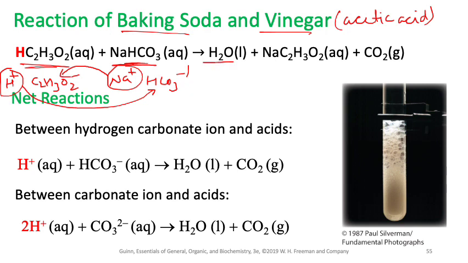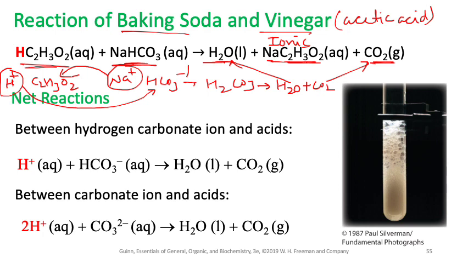So you're going to get water, and then the ionic compound, and you're going to get carbon dioxide. But like I said, when H+ reacts with HCO3-, you make H2CO3, and this carbonic acid is not stable, so it decomposes into H2O and CO2.